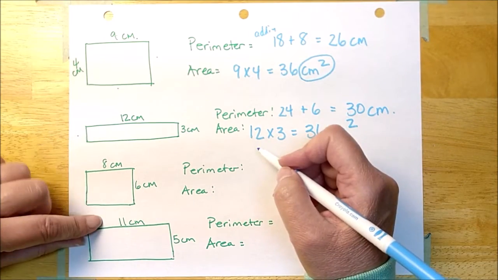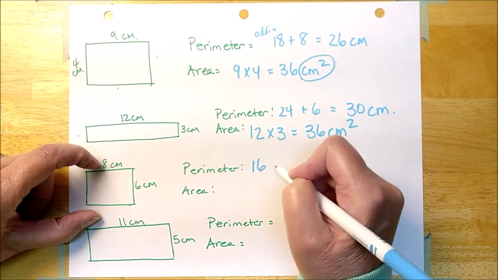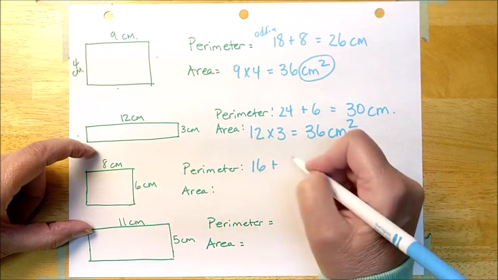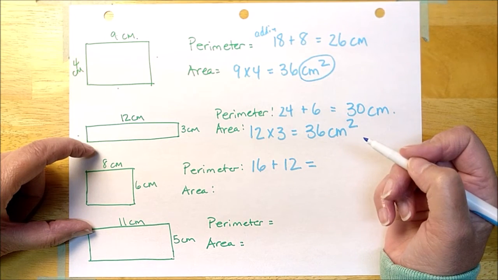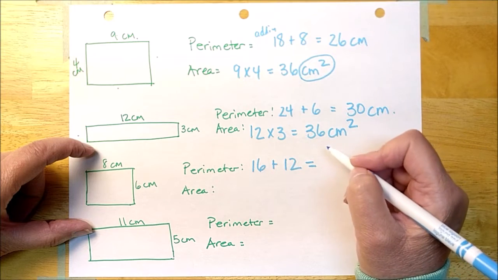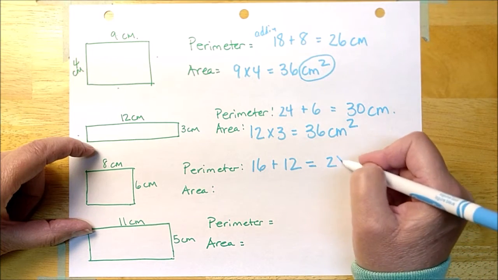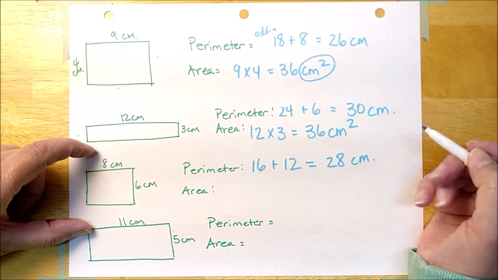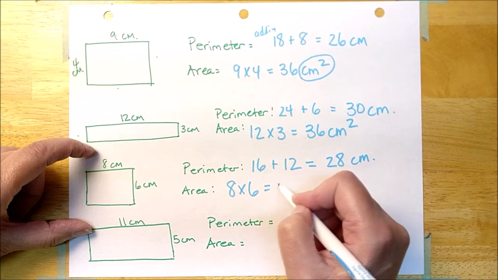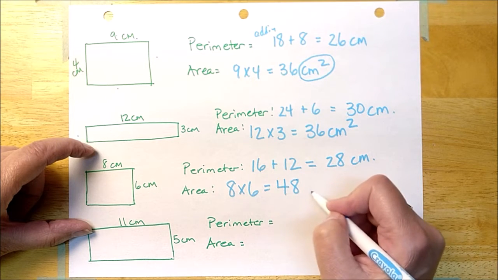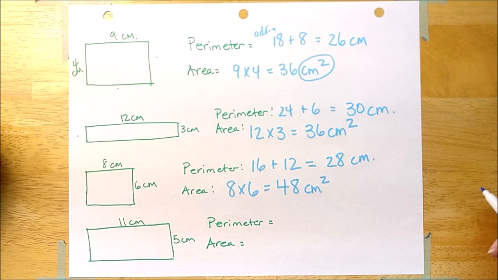Perimeter, 8 plus 8 is 16, and 6 plus 6 is 12. So my perimeter of this one is 28 centimeters. My area, 8 times 6 is 48 centimeters squared. I hope you got that one right too.